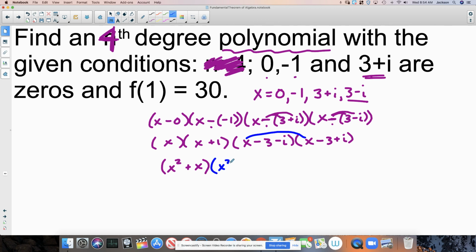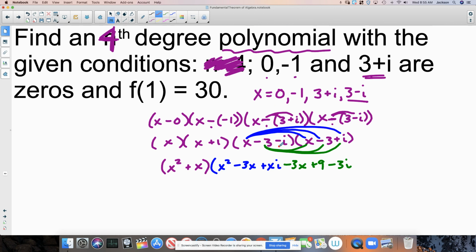So x times x is x squared. X times -3 is -3x, and x times positive i is positive xi, right? I'll even color code this for you. -3 times x is -3x. -3 times -3 is positive 9, and -3 times positive i is -3i.